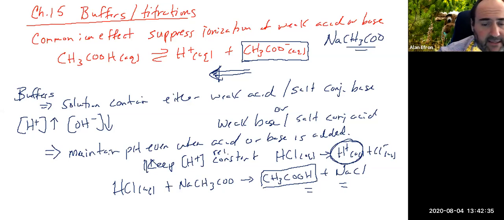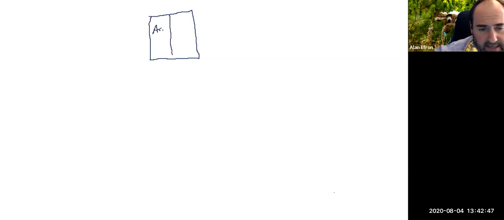You will actually see a little bit of that. And that is what we talked about when we drew this picture. Typically, when we make a buffer, there's the acid part and the base part of our buffer.